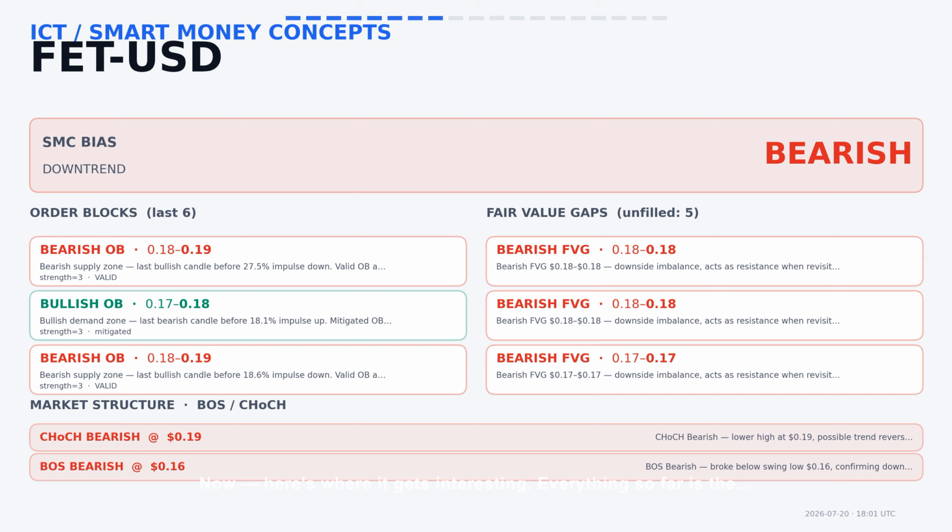That's where institutional orders are likely parked. We've also got an unfilled bearish fair value gap between 0.17 and 0.17. Price tends to revisit these imbalances. Most importantly, we just had a BOS bearish move at 0.16, a key structural signal that smart money traders watch closely.